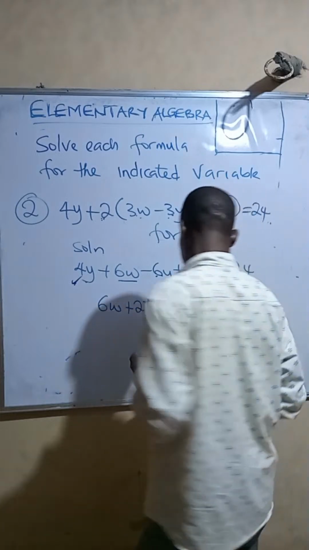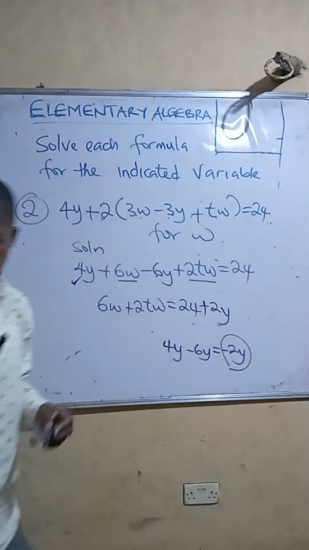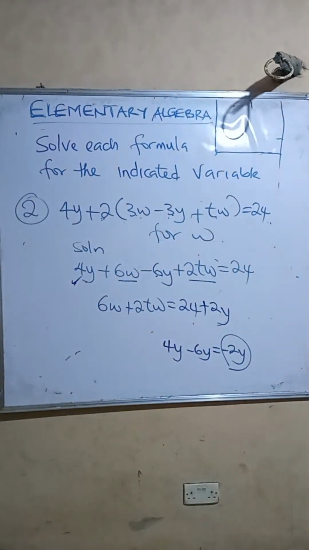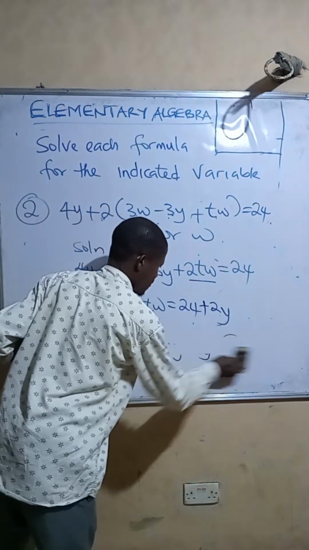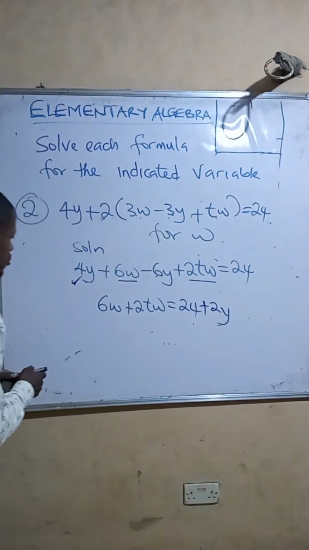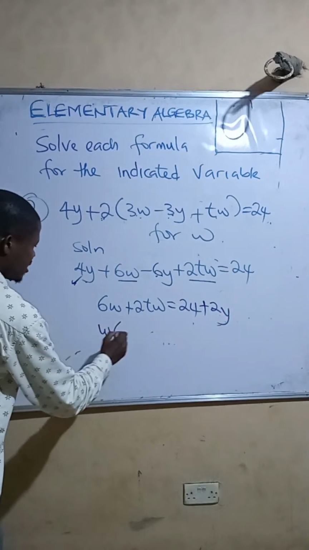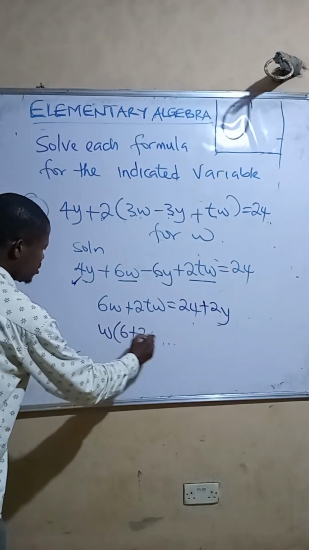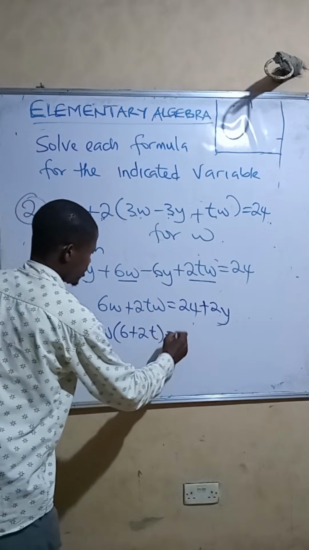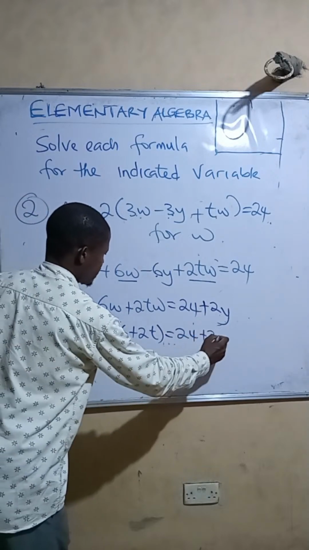Okay. Then the next thing to do now is to factorize the w. Factorize the expression w. W is here. Take it out. That is 6 plus 2t equal to what? 24 plus 2y.